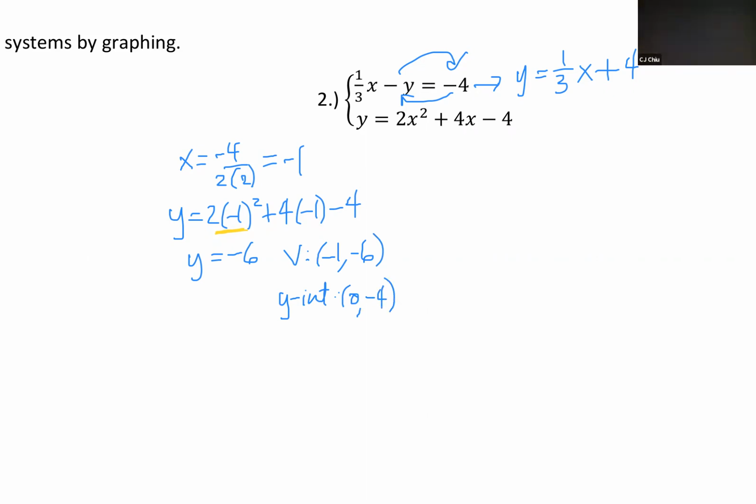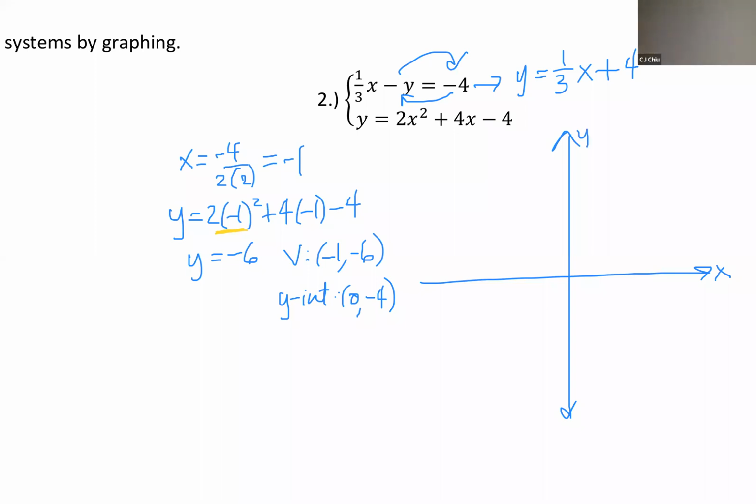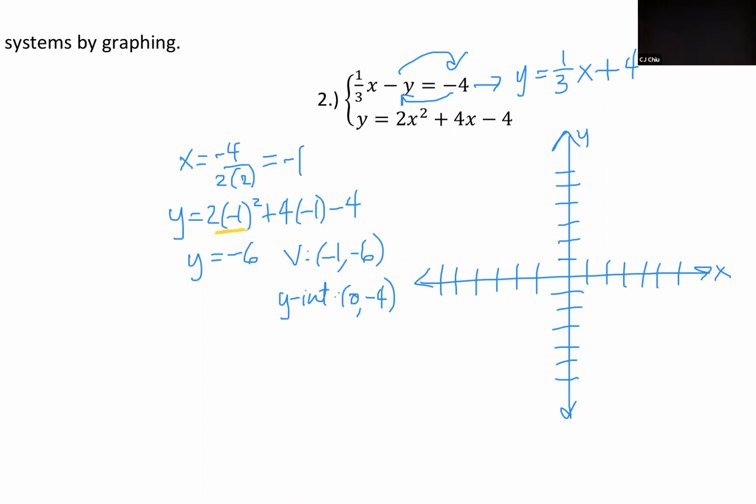So then when we graph this, there we go. Graph the line, go up 4 for the y-intercept, and then up 1 over 3 for the slope. So make your line nice and long.